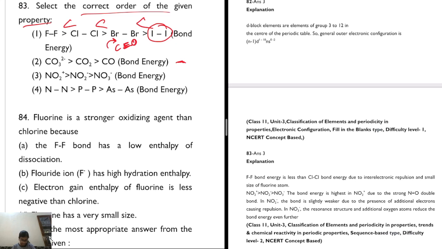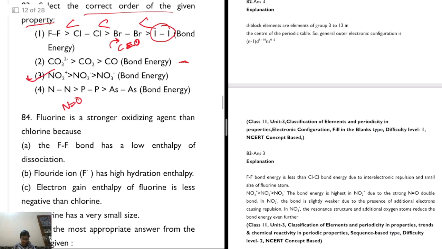And in this case, yes, this is the right answer, because N double bond O is stronger. This is a very strong bond. In NO2 negative, because of the addition of an extra electron, the bond strength is weakened because of electron repulsion.